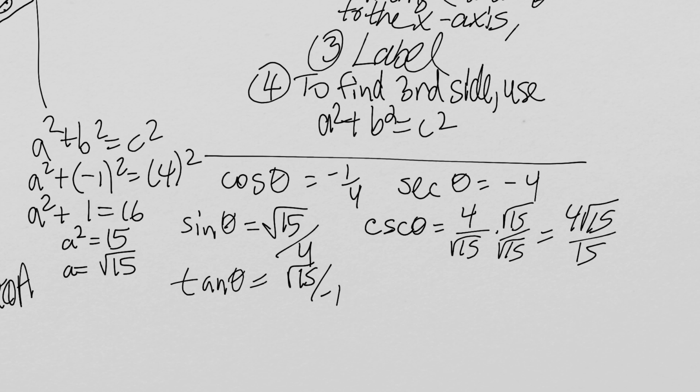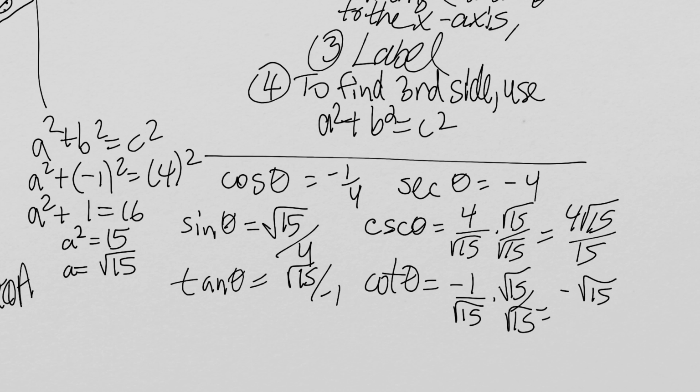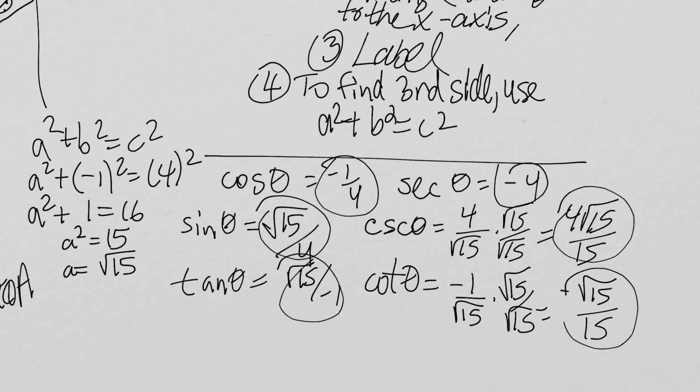Same thing for cotangent. I'm going to flip that around. So I get -1 over root 15. Can't have that, so we're going to multiply it by root 15 over root 15. So I get negative square root of 15 over 15. All right, so here are my 6 answers for all 6 trig functions.